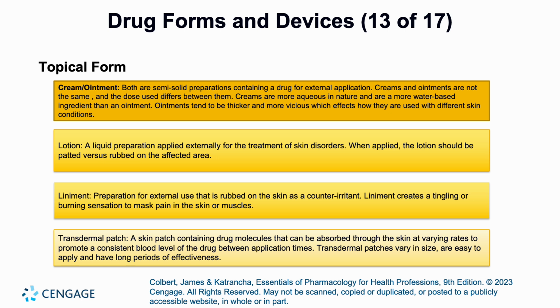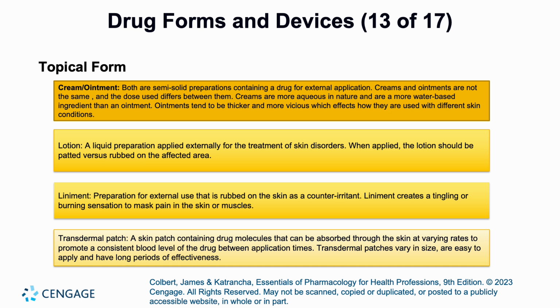And also a transdermal patch. Transdermal patches are skin patches containing drug molecules that can be absorbed through the skin at varying rates to promote a consistent blood level of the drug between application times. Transdermal patches vary in size, are easy to apply, and have long periods of effectiveness.